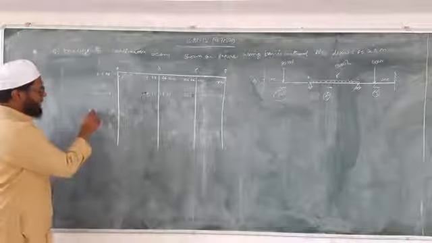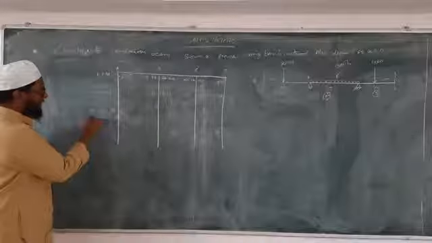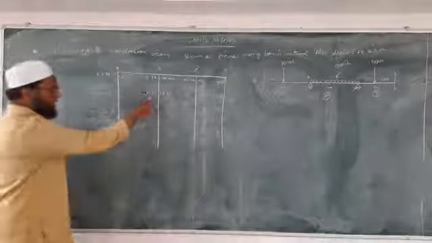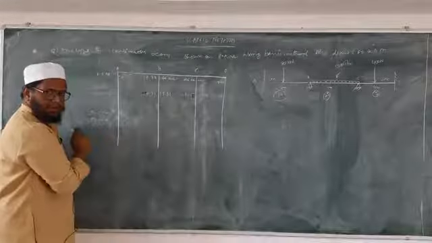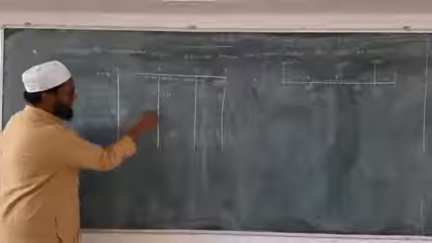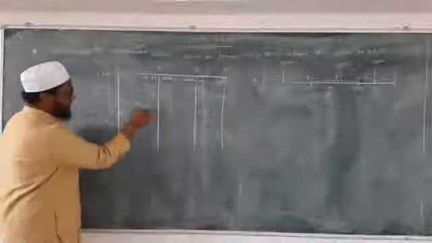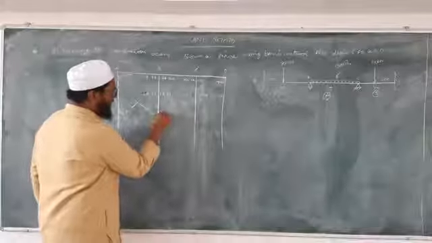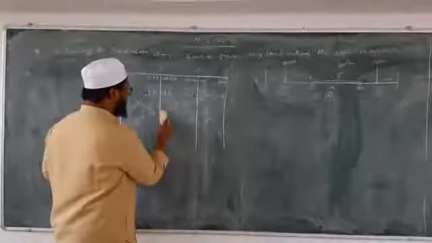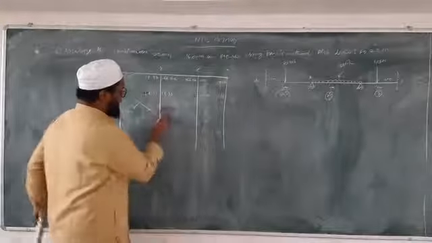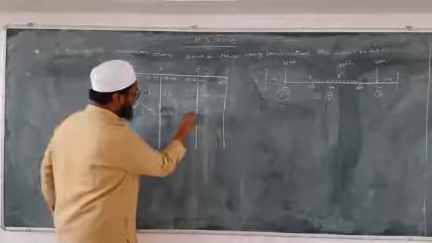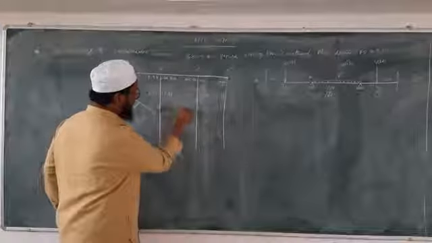Similarly, rotation contribution at far end. Far end is nothing but just take this value and give this value to that. That is 17.51, 0, minus 21.17, 21.17, 17.5.